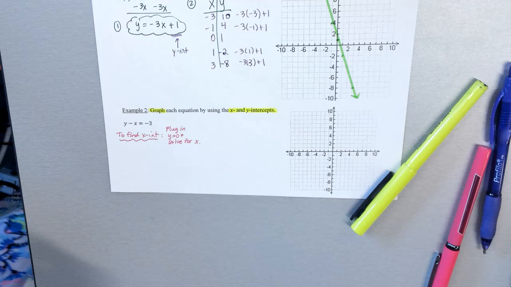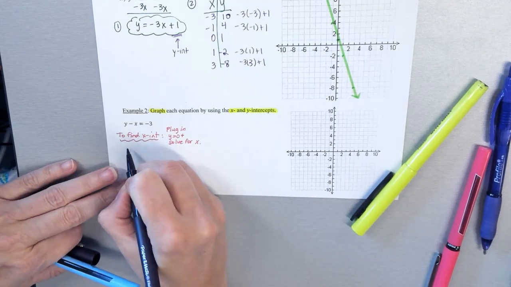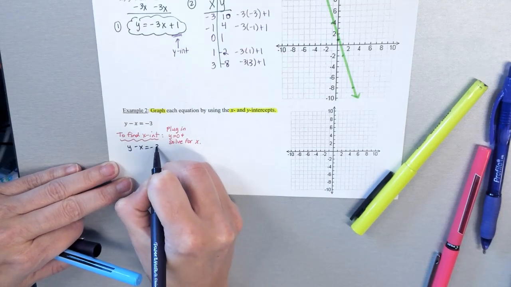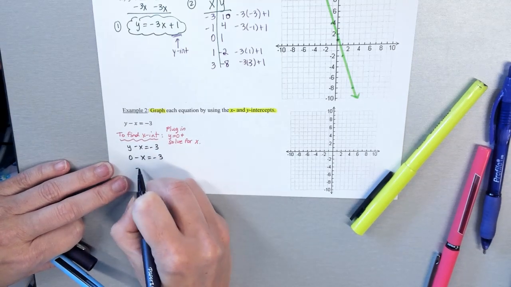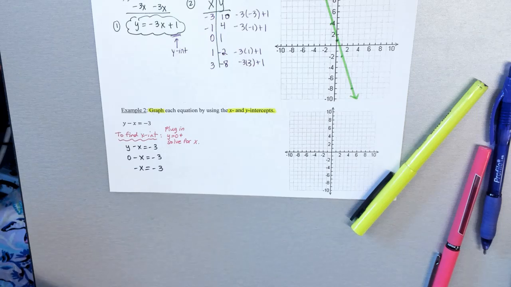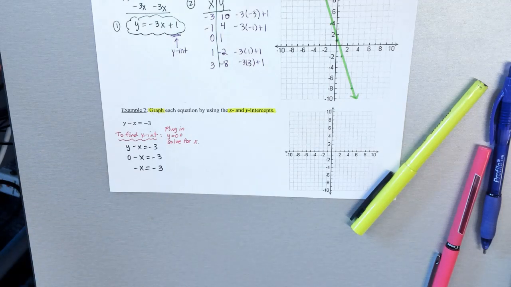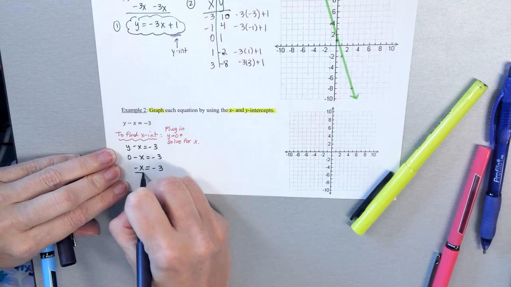All right, so let's do that. So if this is my equation, y minus x equals -3. If I plug in 0, I end up with -x equals -3. And then if I want positive x, what would I do to both sides? Yep, you can multiply both sides by -1.